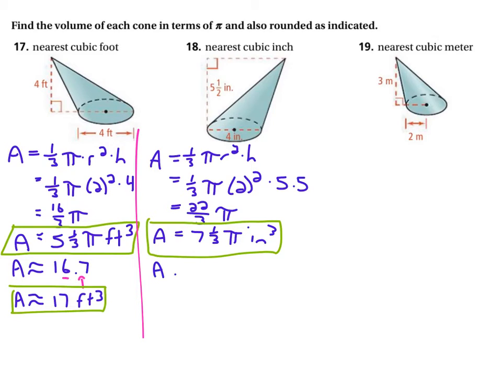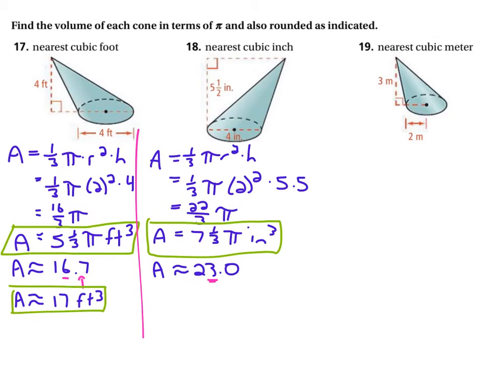But if I wanted to get the approximate, rounded off by typing in the number, I would say, okay, we've got 22/3 times pi, approximately equal to 23.0.